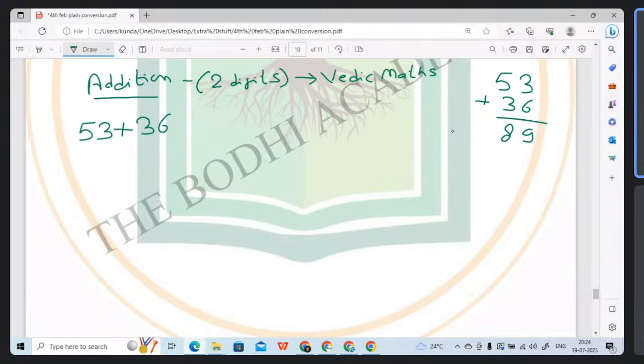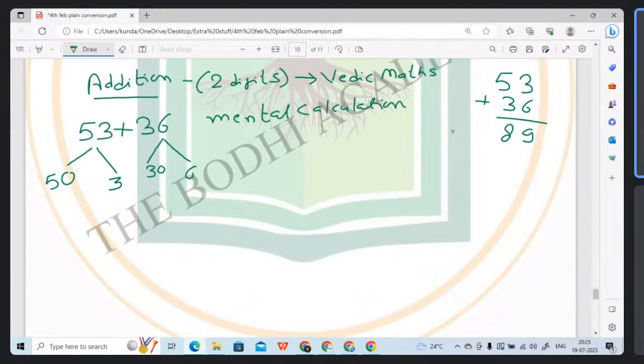Okay, so if you want to improve this technique, what can be done is break this 53 into 50 and 3 and break this 36 into 30 and 6. Mental calculation is very much required in all these exams.